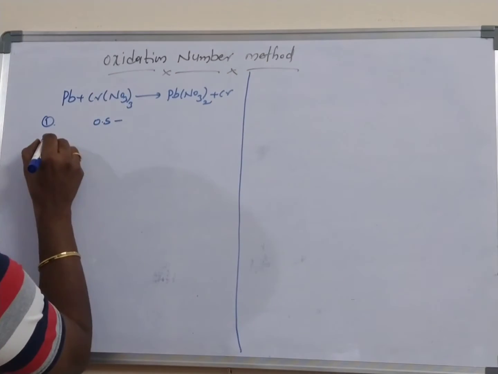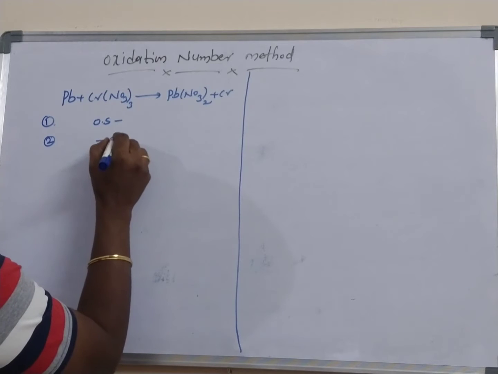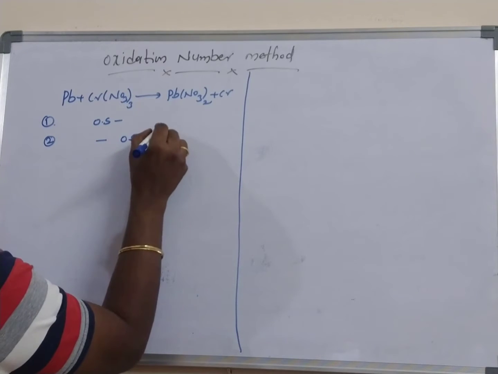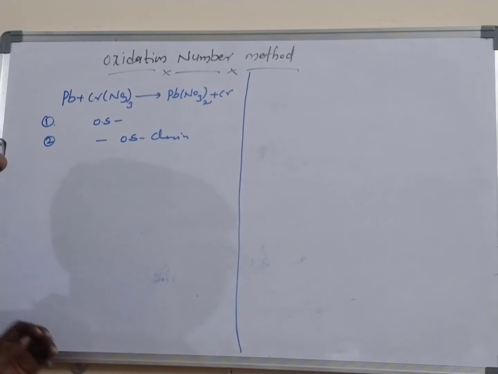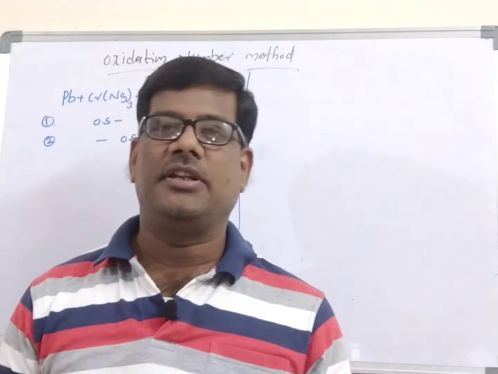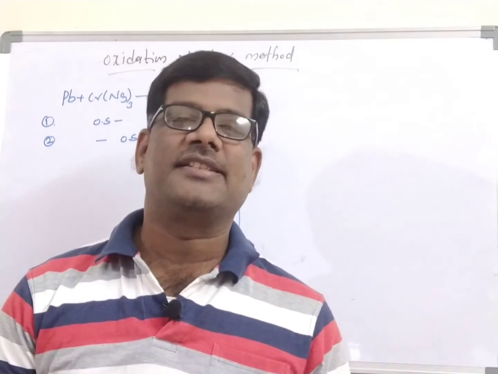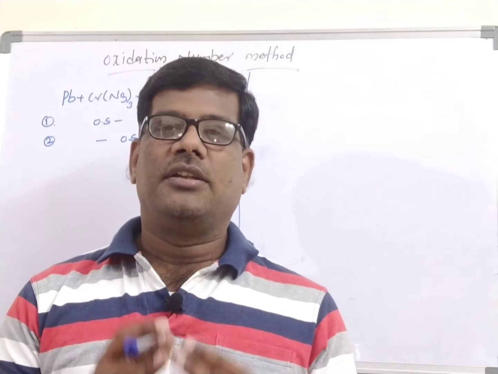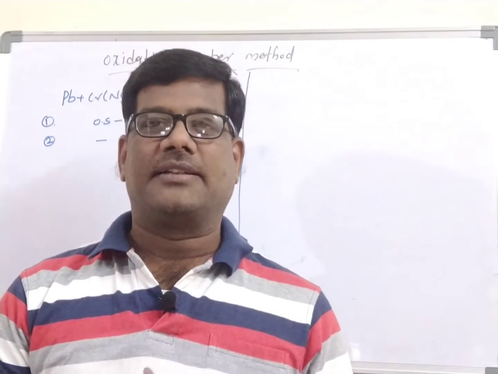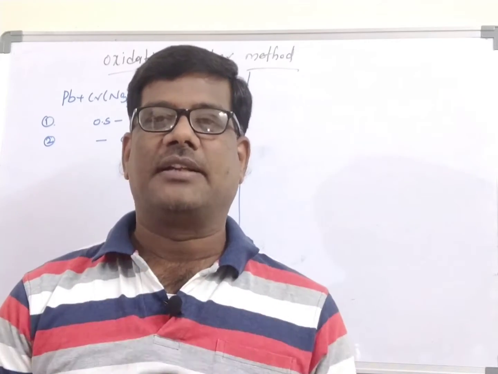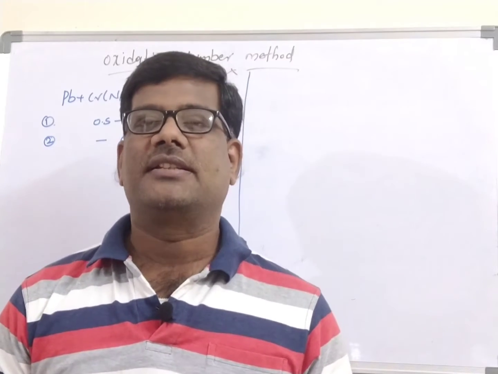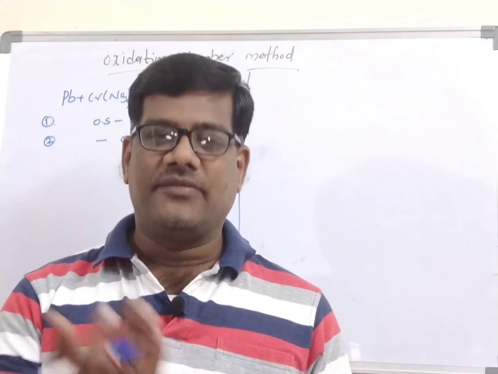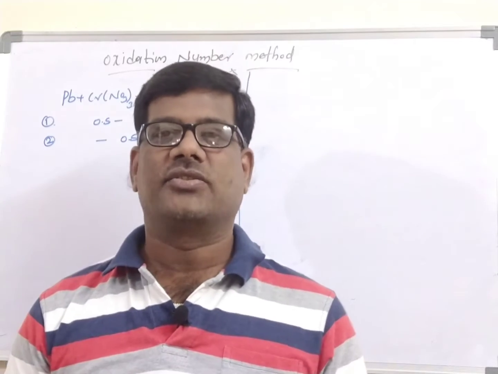After finding the oxidation state, you have to observe whose oxidation state is changing. Immediately you have to balance with respect to atom. Fourth step: equalize the increasing oxidation state with the decreasing oxidation state. So these are the 4 steps.